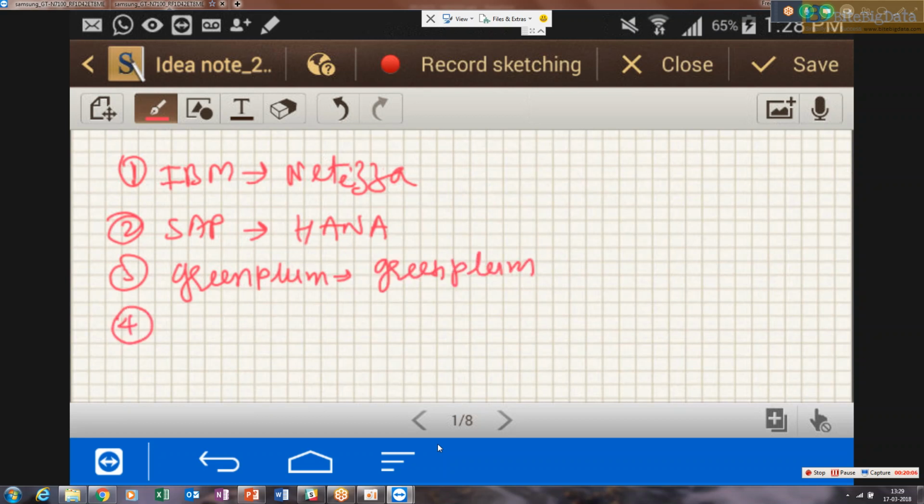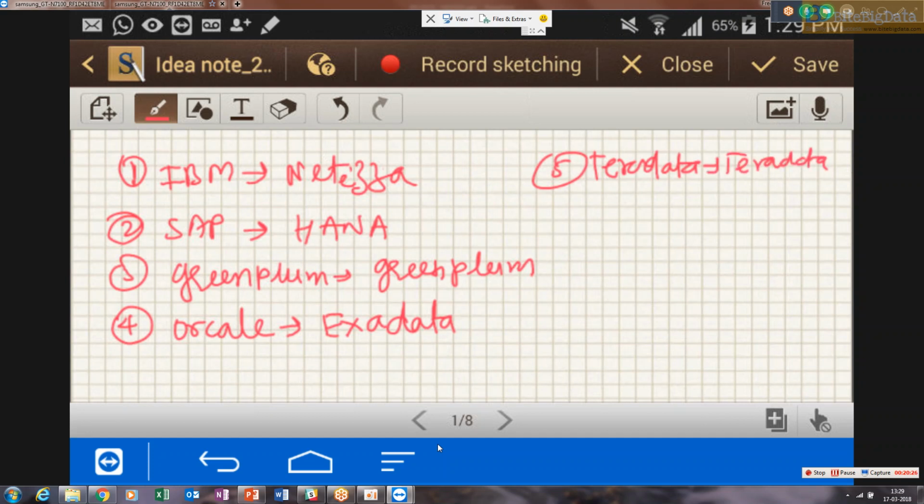Then we have Oracle Exadata. Then we have Teradata.